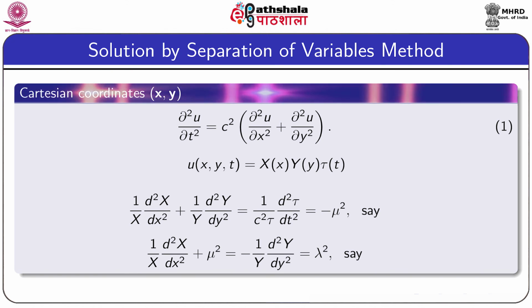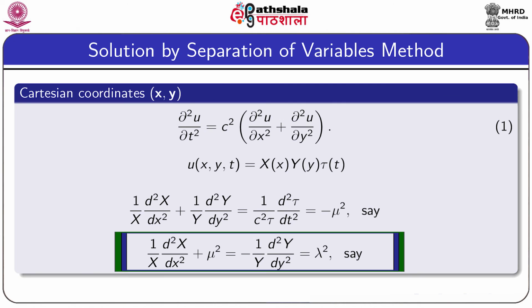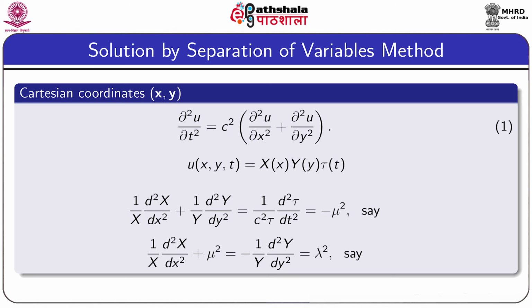Now, we separate the functions capital X and capital Y in the last line: 1 by X d2X dx square plus mu square equals minus 1 by Y d2Y dy square, which is equal to lambda square say, where lambda square is another separation constant.